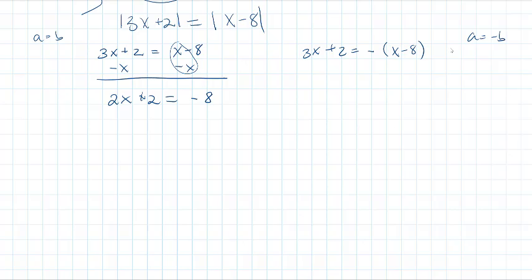Let's also use the subtraction property on our 2, so we'll subtract 2 from both sides, and we get 2x equals negative 10.